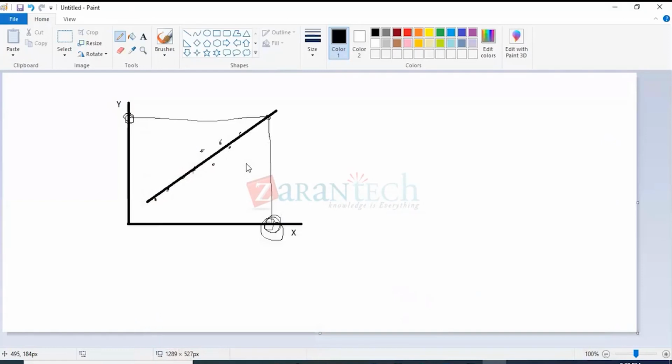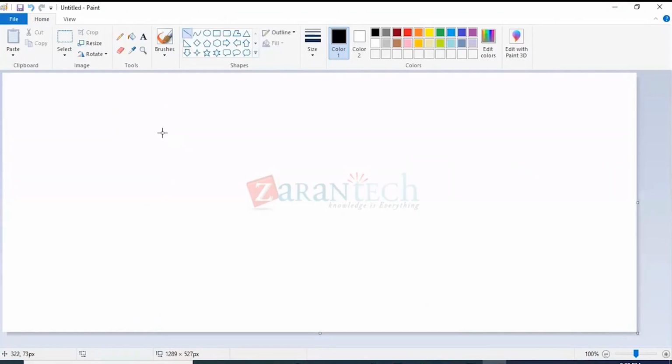Let's see, I have around 10 data points. So these are my data points. The data points should be in such a way that as my x goes on increasing, y should also go on increasing.